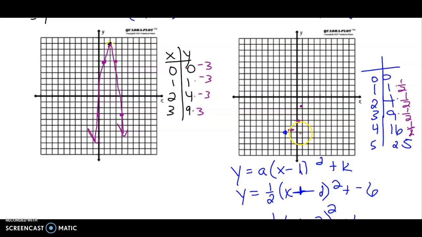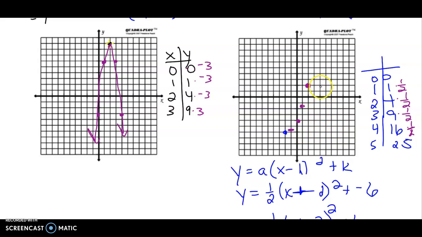4 squared. 4 squared is 16. So 16, cut it in half, would be up 8. So 6 gets us back to the x-axis. 7, 8. All right, 5 squared would be 25. Cut that in half, 12.5.